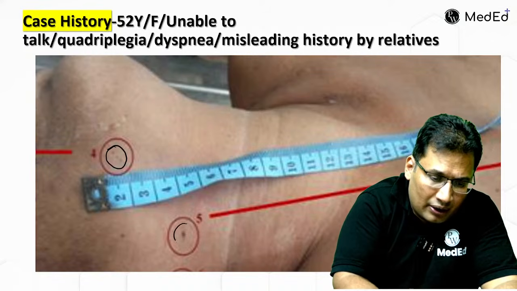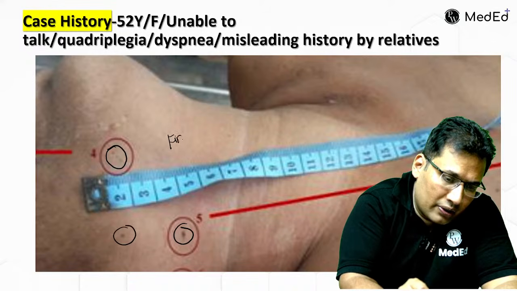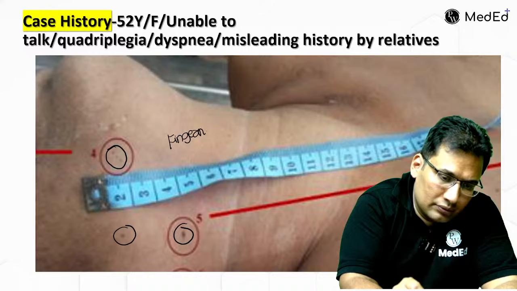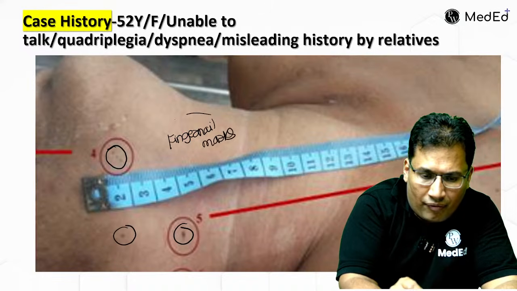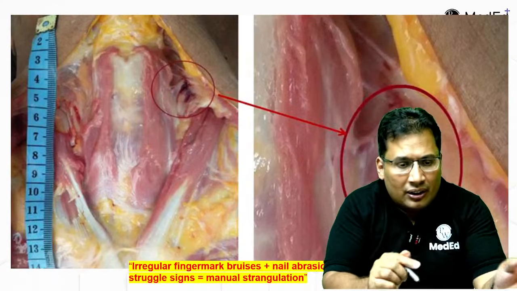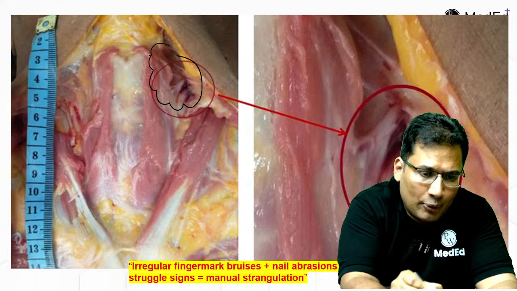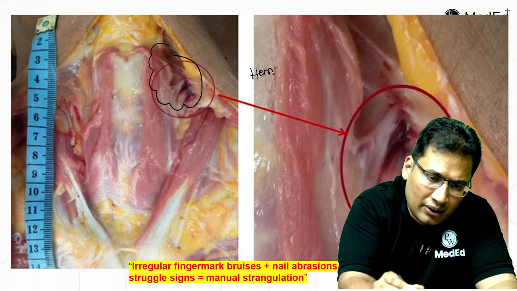You can make out here, there are fingernail marks. And on further examination, the neck shows hematoma. So clearly visible hematoma is there.